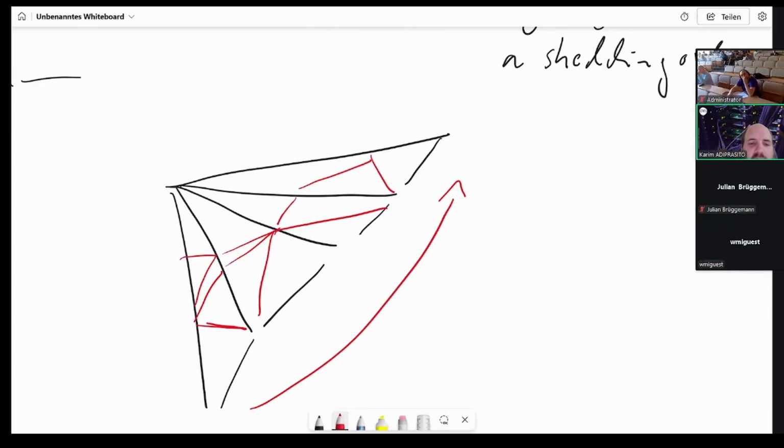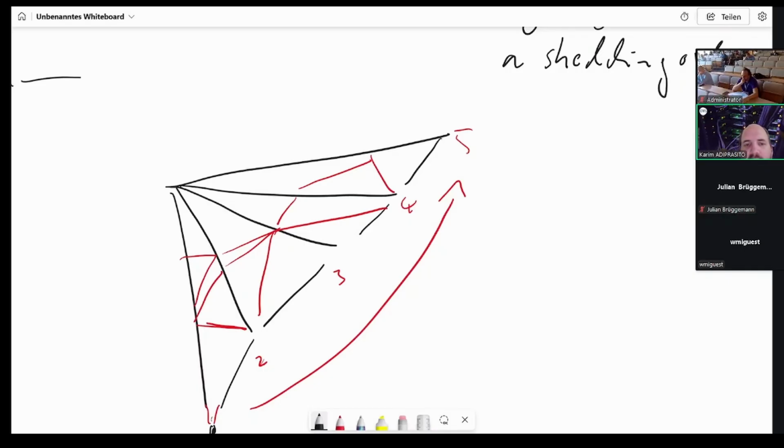And now what do I do? I look at the vertices of the horizon in this order, right? So I have this vertex here, 1, 2, 3, 4, 5. And the next step is I look at the edges that are incident to my boundary vertices and that are not parallel.